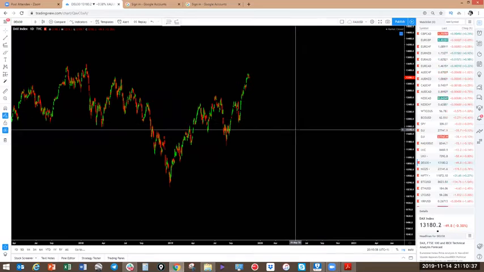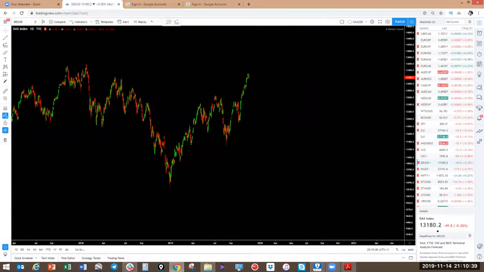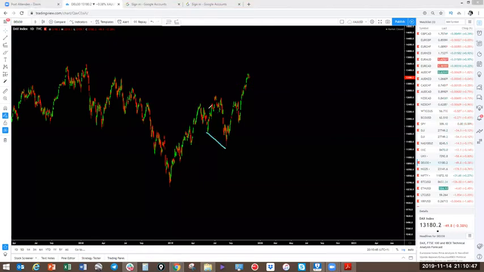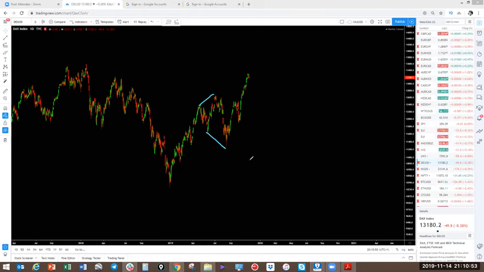When I mark the chart, you just tell me which type of correction that is. Then I want you to type as fast as possible. So I've just opened here the DAX. Now I'm going to identify this correction. Tell me which corrective structure this is. Anyone? I want 20 answers. We've got 20 people in the room.